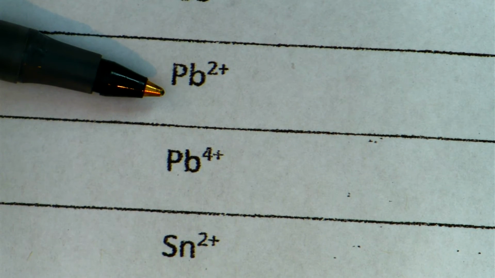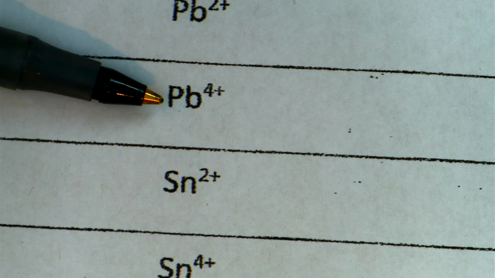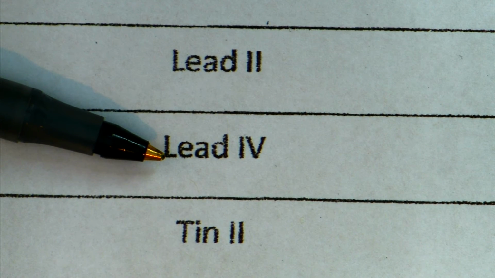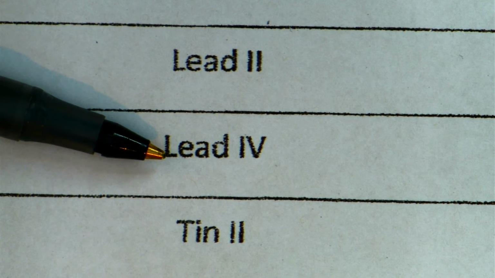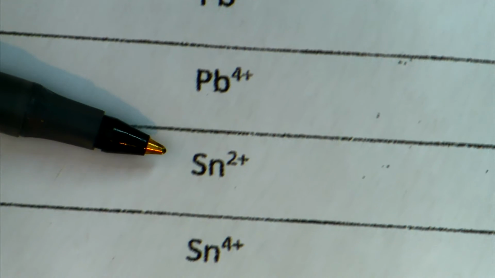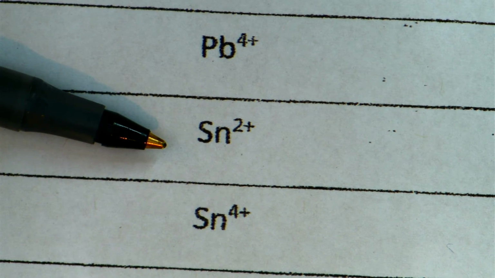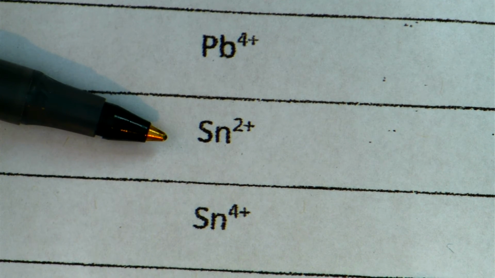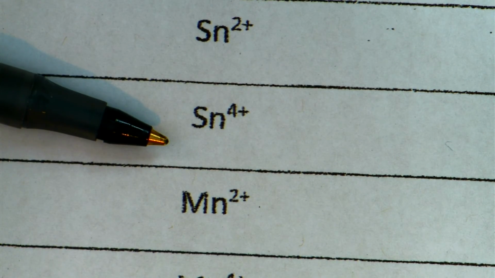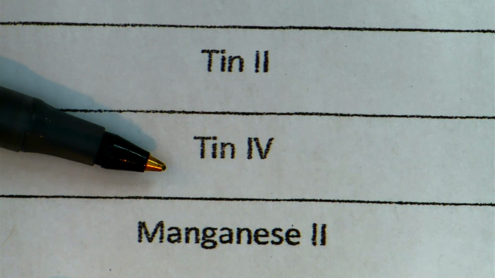Lead, 2 or 4 electrons. Roman numeral 4 is IV. Sn is tin. This is tin 2. This is tin 4. Tin 2, tin 4.